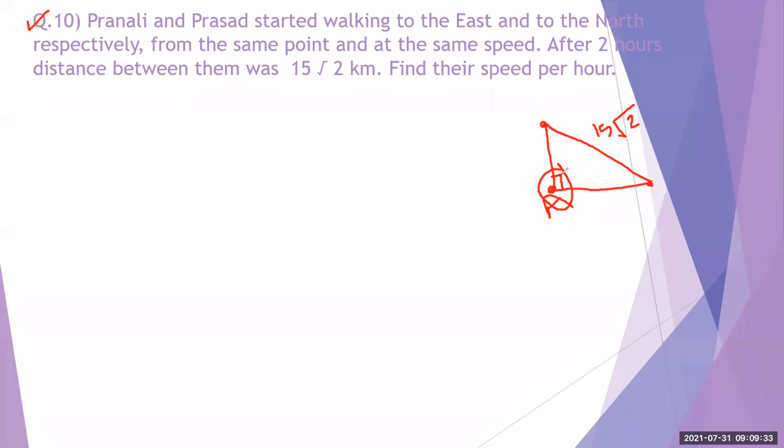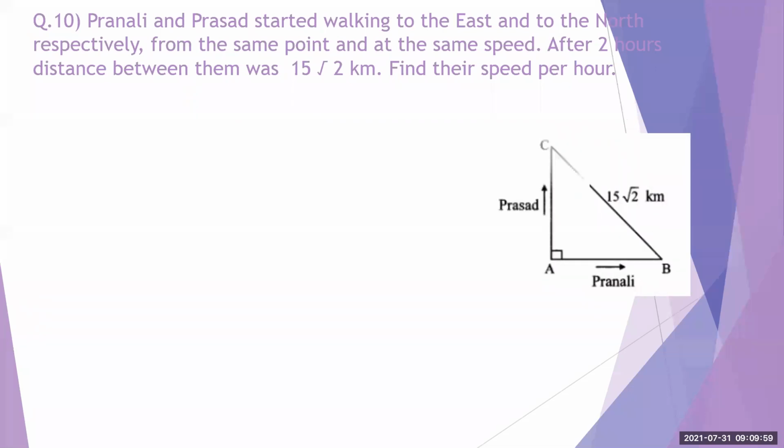If we are getting a 90 degree there, that means definitely we have to do something with the Pythagoras theorem. So this indicates that we can use the Pythagoras theorem. Okay, some figure of this type you will get there. So let's see how to solve this example and what figure we will get here.